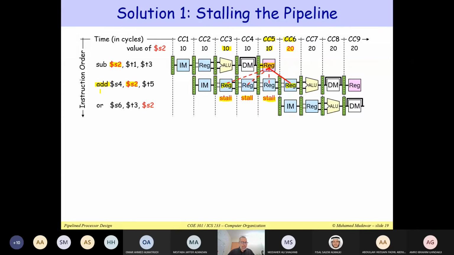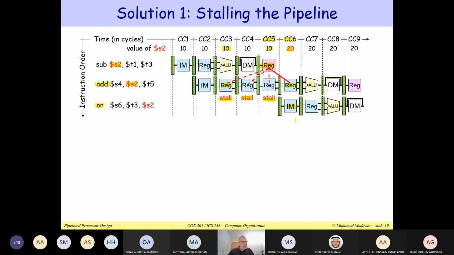Because we are delaying the add instruction, the add instruction is going to wait in the second stage for 3 clock cycles, and then the OR instruction cannot be fetched. It cannot be fetched during clock cycle number 3, 4, and 5. So we should not change the program counter. We have to freeze the program counter for 3 cycles before we can fetch the OR instruction.